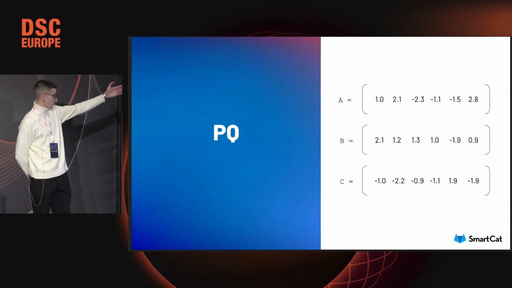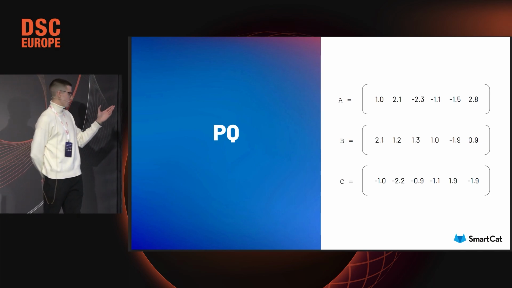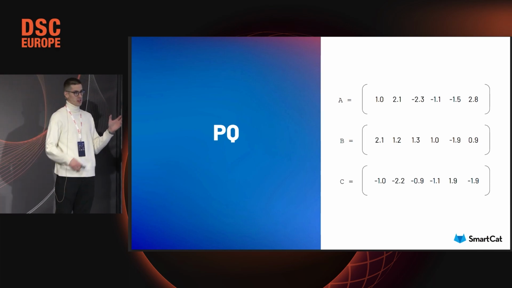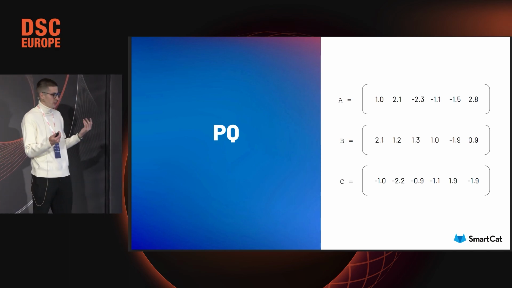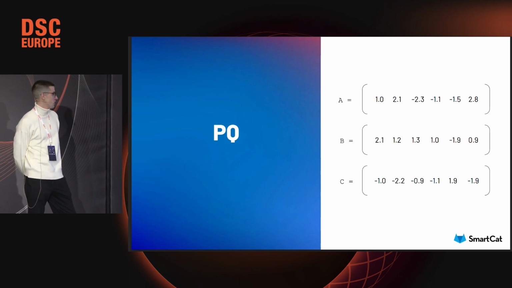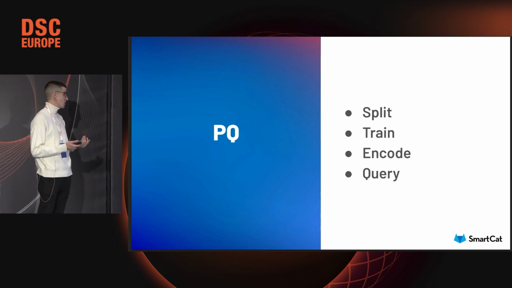Okay, again, we'll be going through an example. In this case, I picked to have 3 vectors. They're all 6-dimensional. So 6D is not something that we can easily show in a 2-dimensional or 3-dimensional space. But the first step of this algorithm is to split the vectors into smaller chunks or segments.